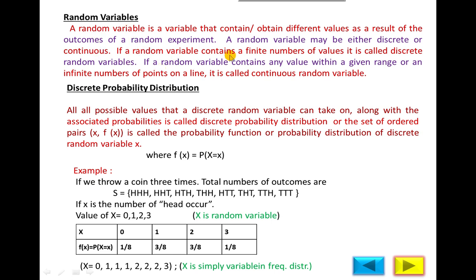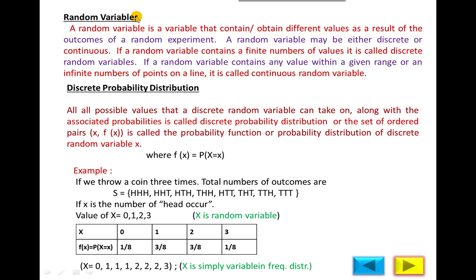But what is a random variable? Random variable is used in probability distributions. Probability distribution may be discrete or continuous, but according to your syllabus we will study only discrete probability distribution.